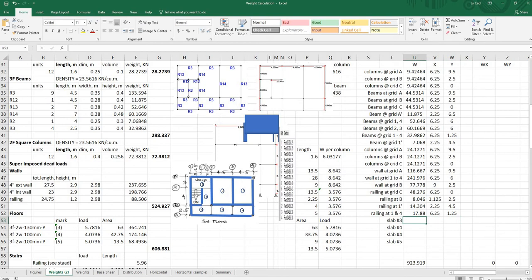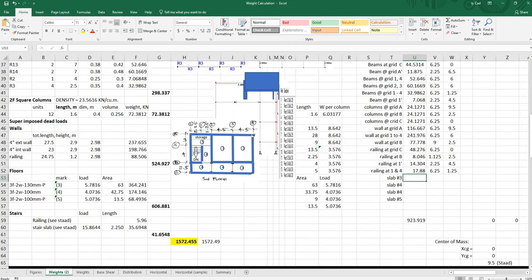Next are the floor and the stairs. From our structural plans, we have 3 types of floor. We have the interior flooring, the hallway flooring, and the flooring in front of the stairs. Okay, slab number 3 is the floors in the rooms.